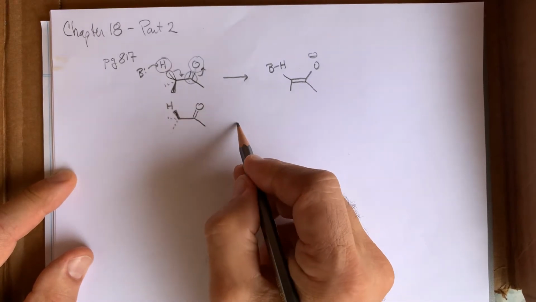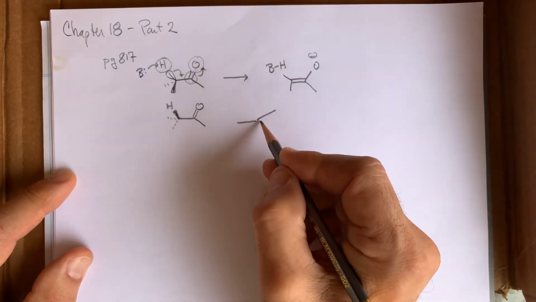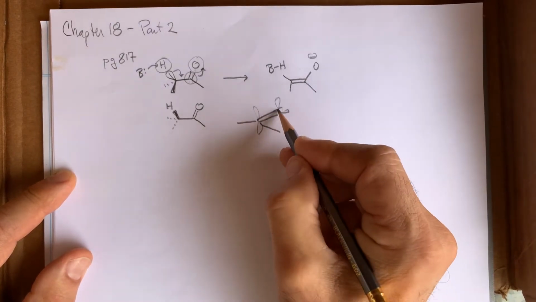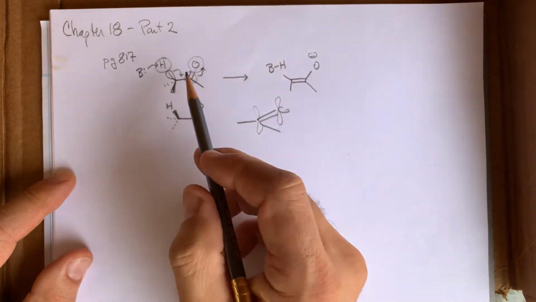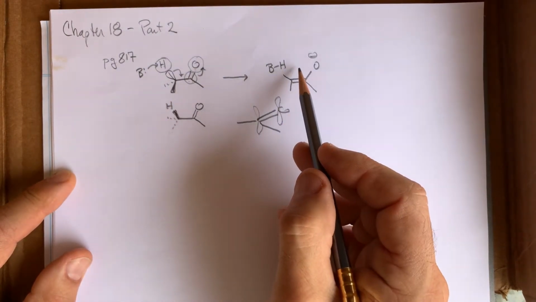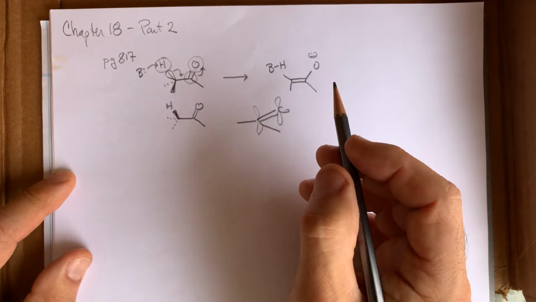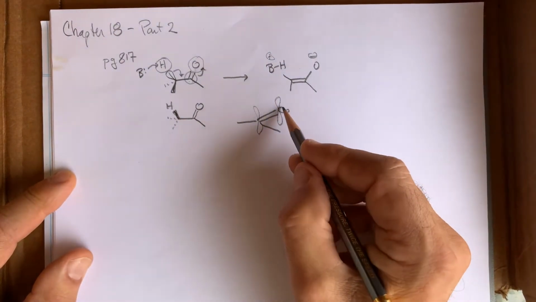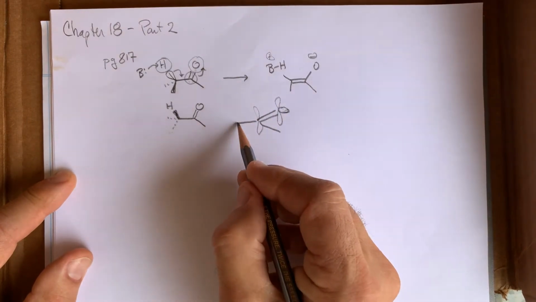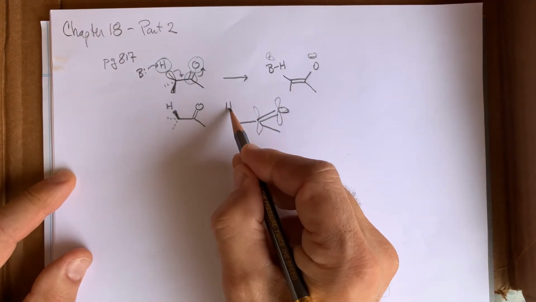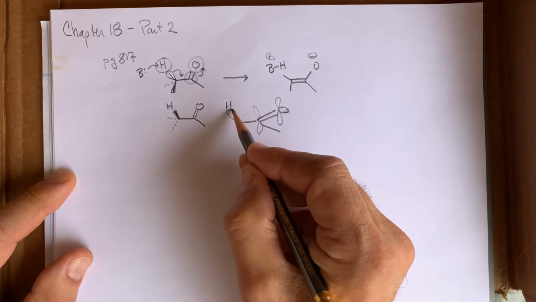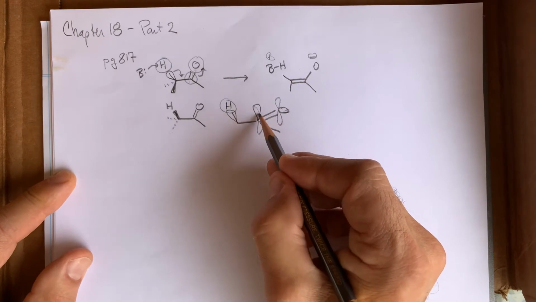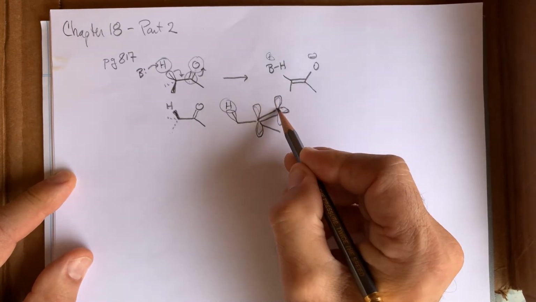But fundamentally, if you want this acid-base reaction to occur, you need to have this sp3 carbon-hydrogen bond line up with the p orbitals.